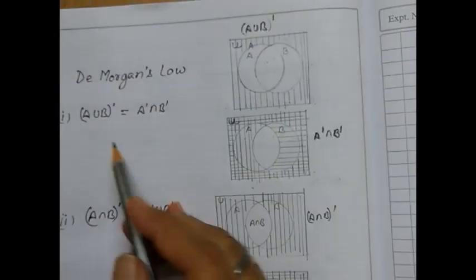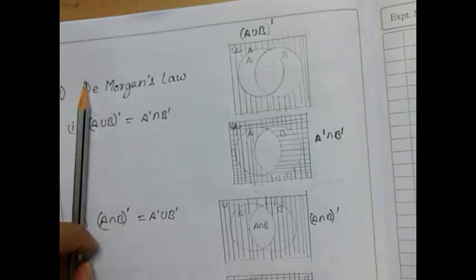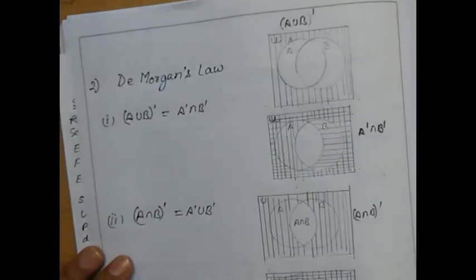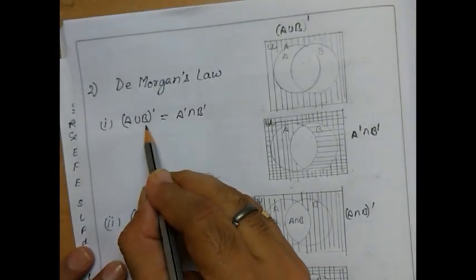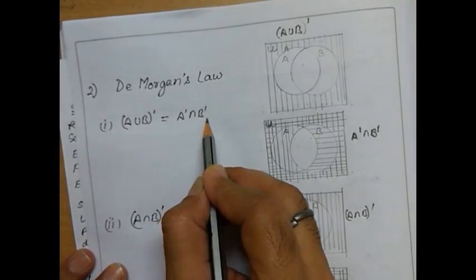The next property is De Morgan's law, which we have done here. It says A union B whole complement is equal to A complement intersection B complement.